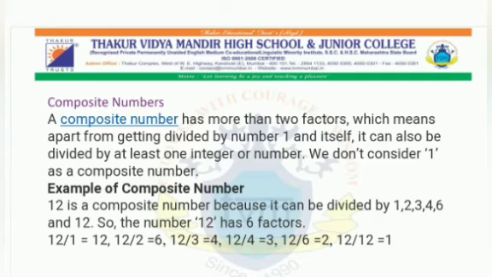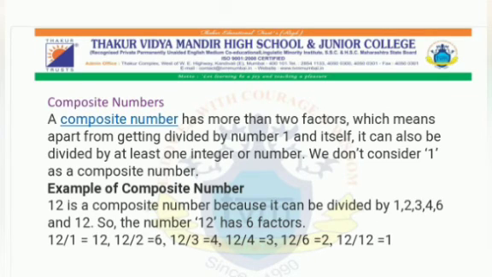As an example of a composite number, 12 is a composite number because it can be divided by 1, 2, 3, 4, 6 and 12. So the number 12 has 6 factors. This means that the number 12 is a composite number.